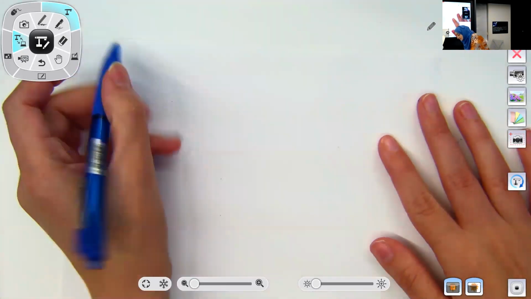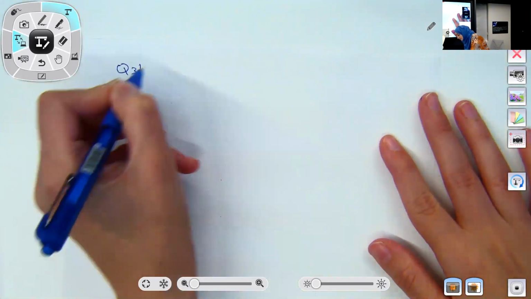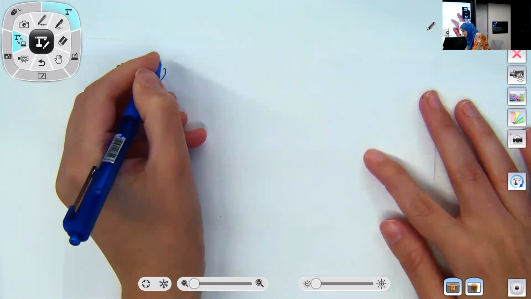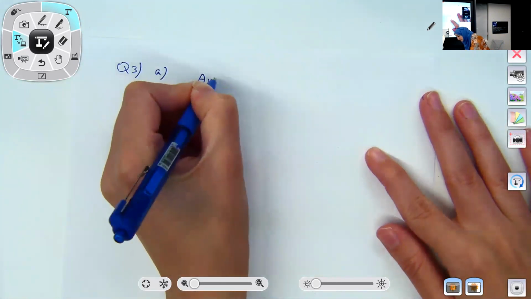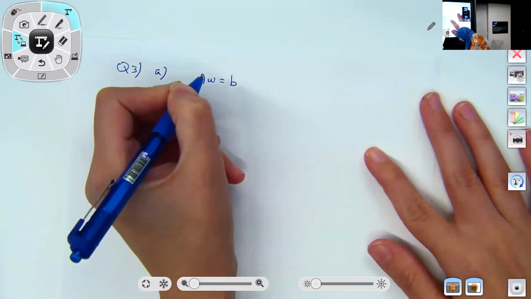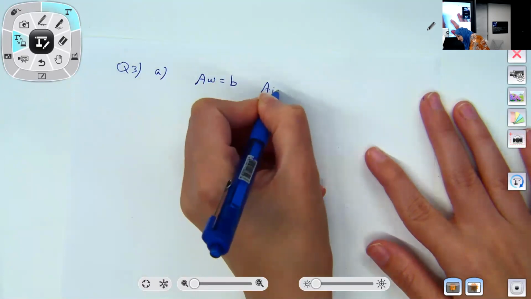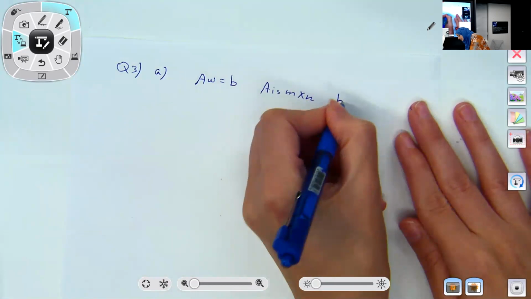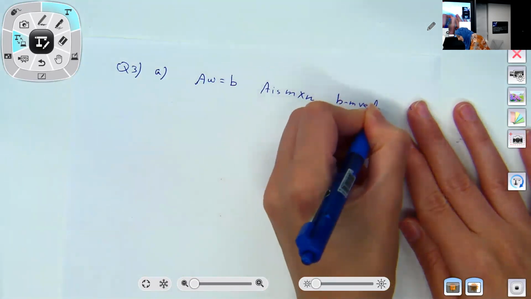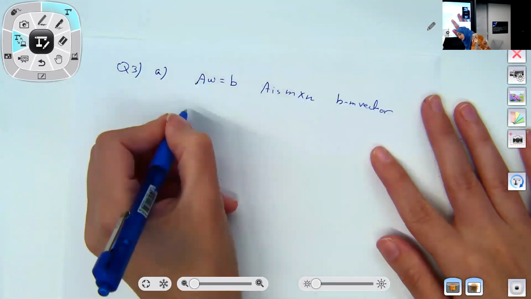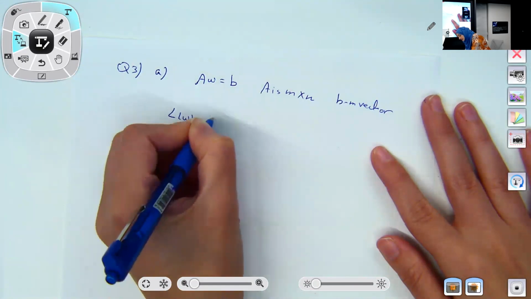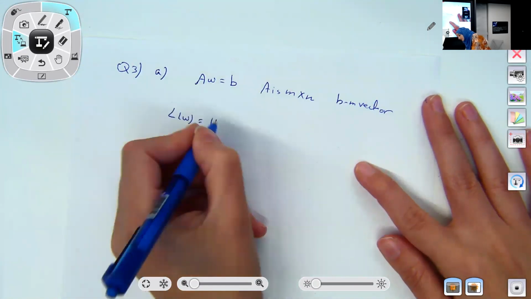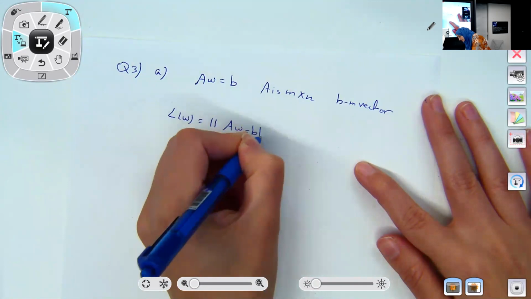Here we have question 3, part A. They give you that A omega equals B, where A is an M times N matrix and B is an M vector. And they give you that L of omega equals the norm of A omega minus B squared.